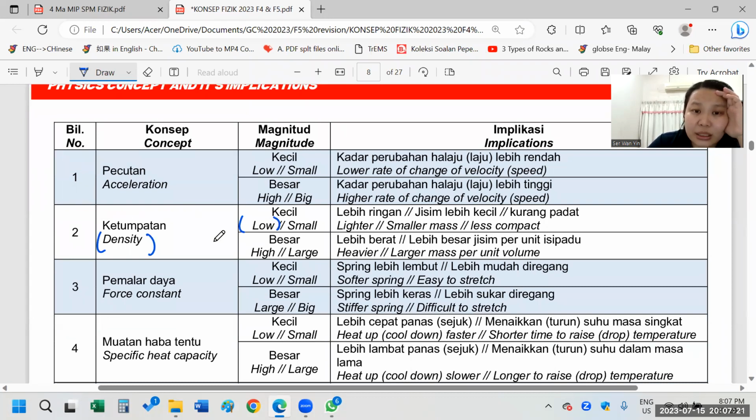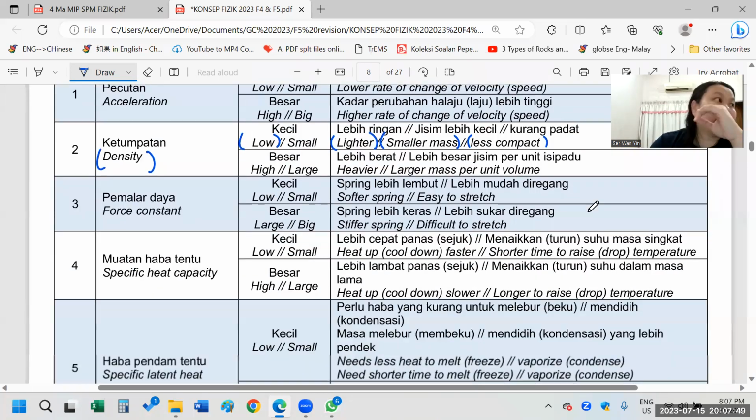What can I write as the reason? You can refer here: lighter, smaller mass, less compact. And I encourage you every time to write at least 2 reasons as backup. Let's say reason number 1 failed, wrong, but you still got a second reason to get marks.